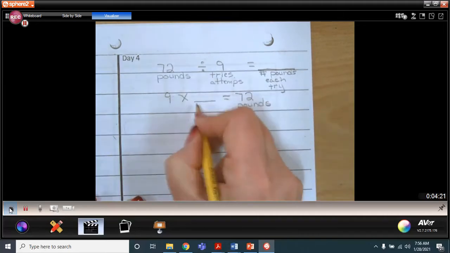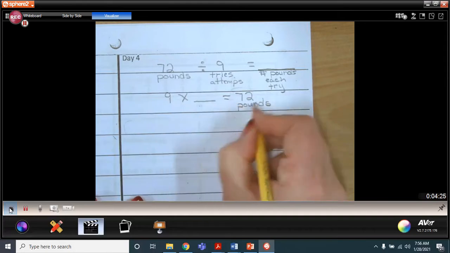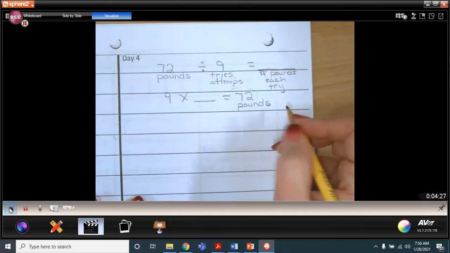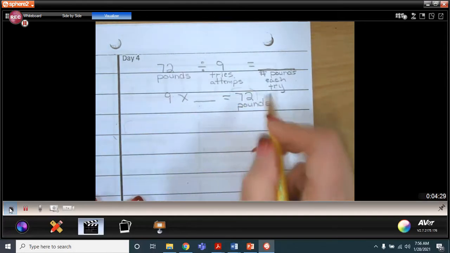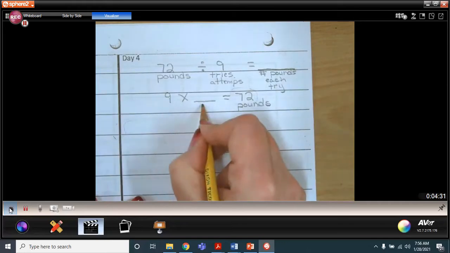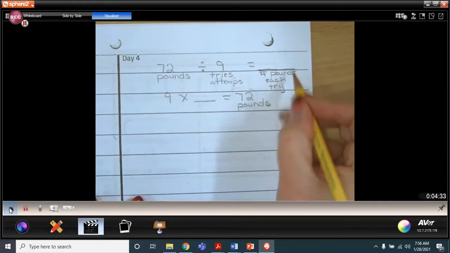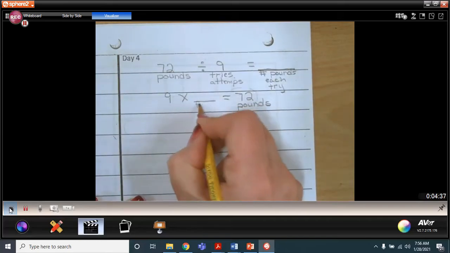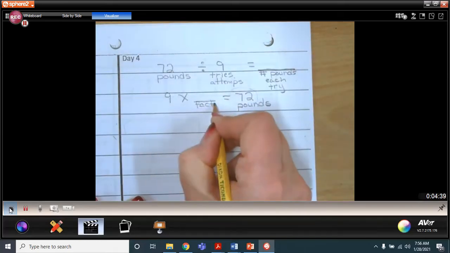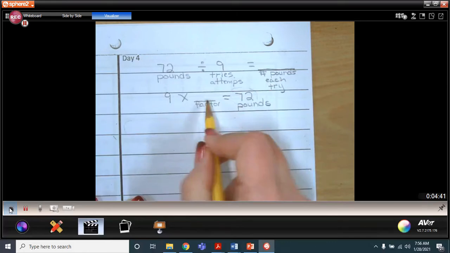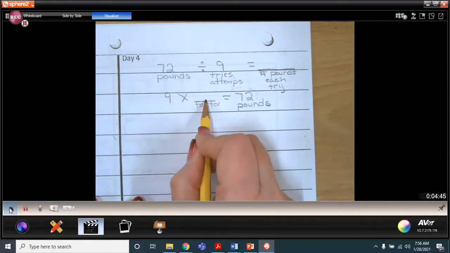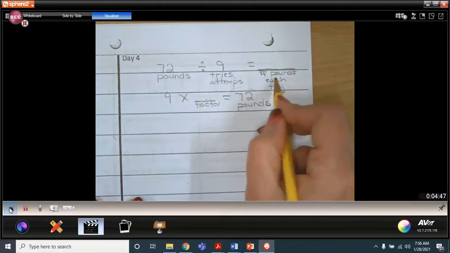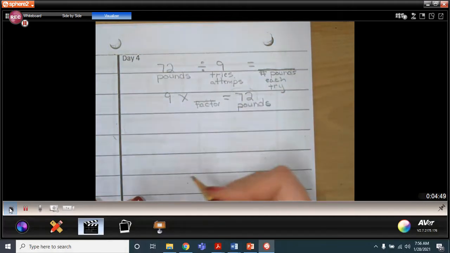So we want to know how many pounds he lifted each time to get to those 72 pounds that were added together. So 9 times blank, which would be your pounds or your quotient here, this is your missing factor. So remember, your quotient is one of these missing factors. Now in this case, it's our number in each group, which is this part of my division equation.